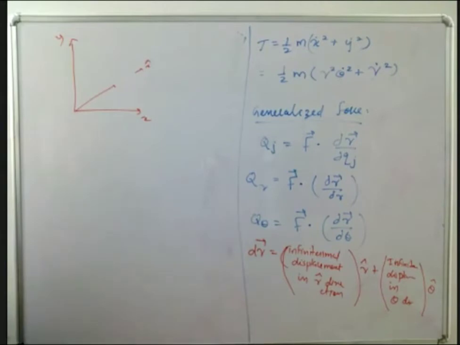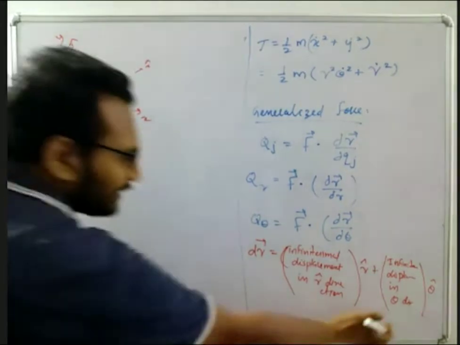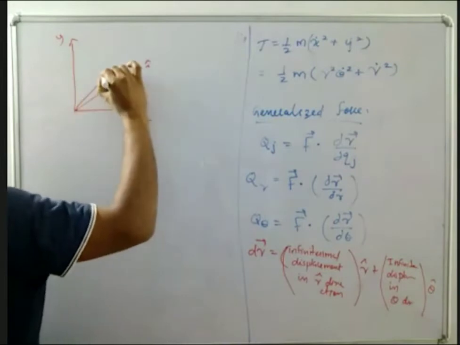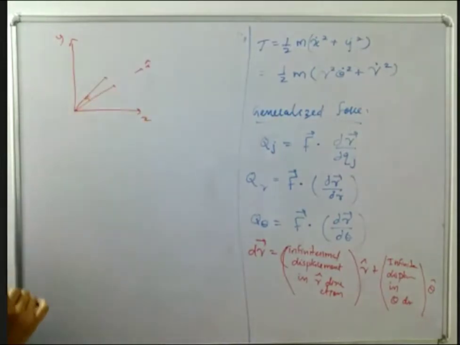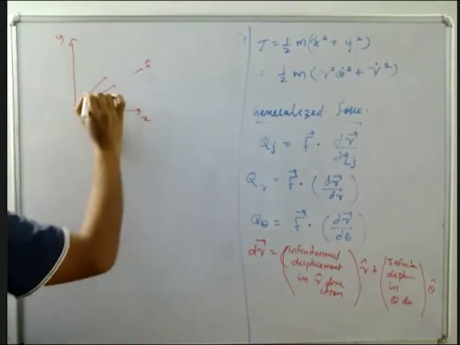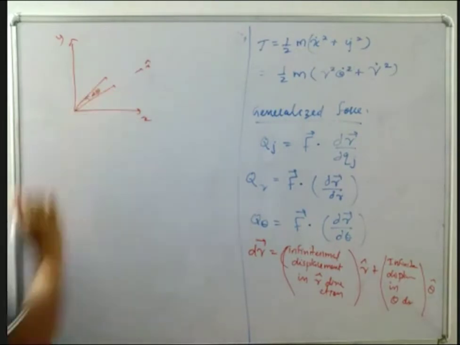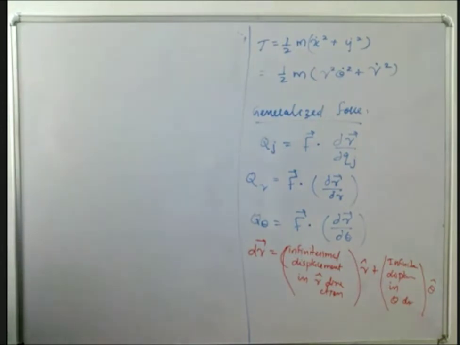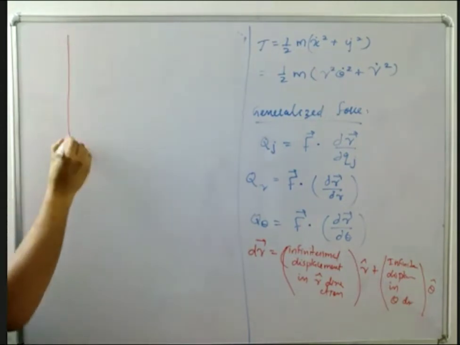You can simply write it as dr. So what about the other term? This is the theta direction, so we can write this as d theta. I hope it's visible. Let's draw it bigger.